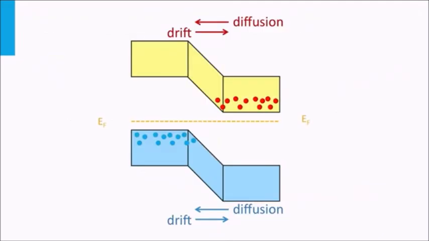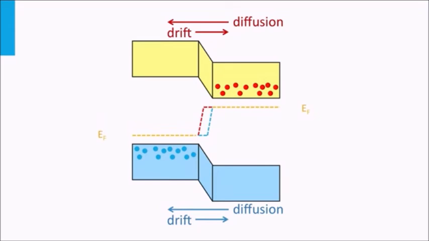Applying a forward bias on the p-n junction can be illustrated using the electronic band diagram of a p-n junction. The forward bias reduces the electric field over the depletion zone. This results in a reduction of the slopes across the depletion zone in the conduction and valence band.